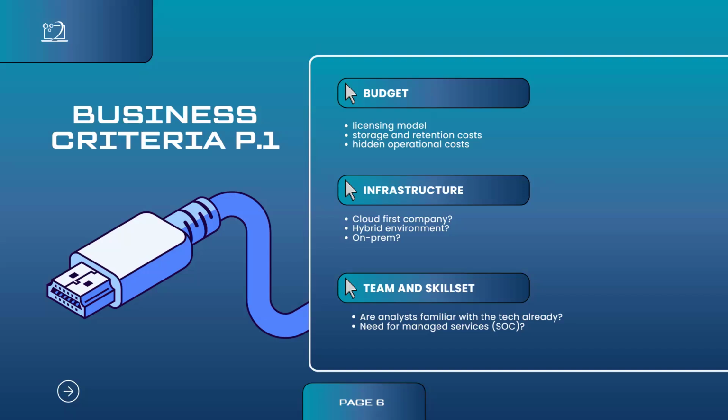And then the last thing is your team and your skill set. This doesn't just mean how well you guys communicate. This actually means how many engineers are planning on touching the SIM. That also depends. Some SIMs are built for a bigger team to operate them, and some are specifically tailored to only a small amount of people. And they also have things like a SOC, which is the security operations center, I think that's what it stands for.